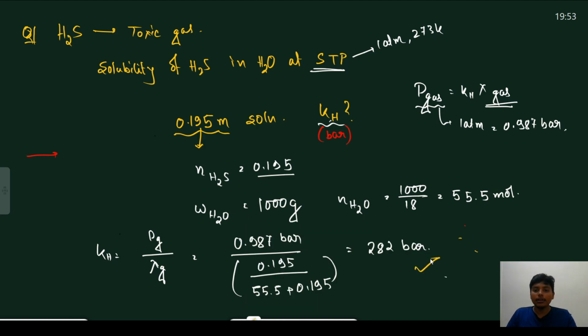Understood? Up to this is chemistry. After this it is calculation, and you can use a calculator in the CBSE board exam. You can use a scientific calculator up to 100 ms, not more than that.